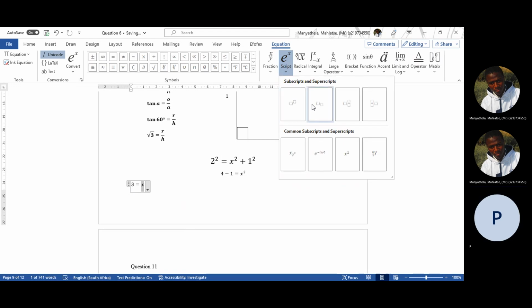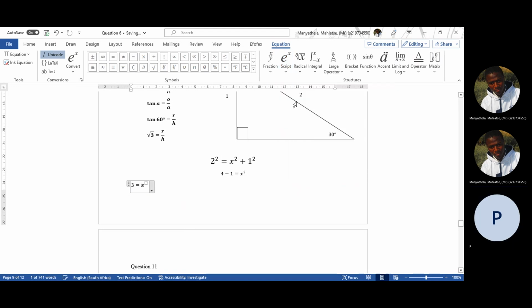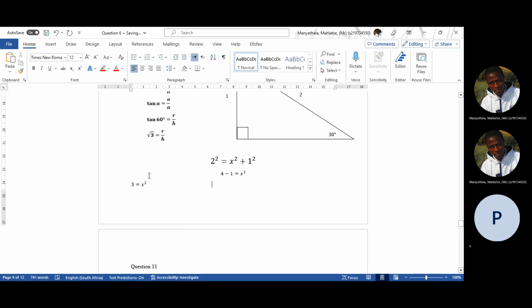Three is equal to x squared. So to find the value of x, we take the square root of both sides. The square and square root will cancel.